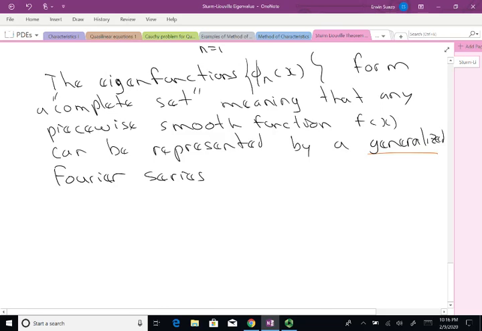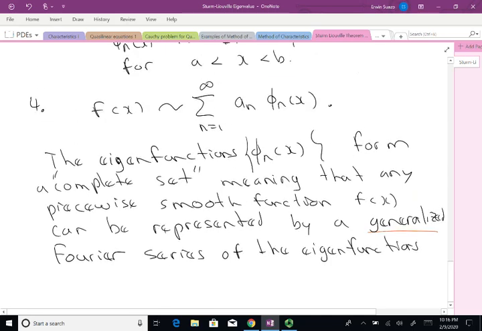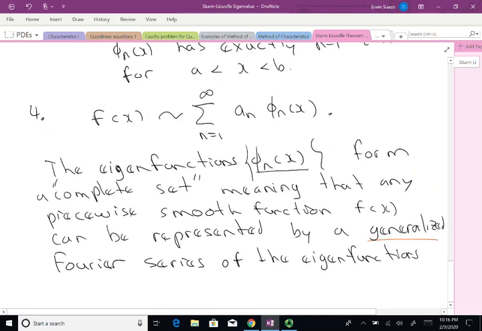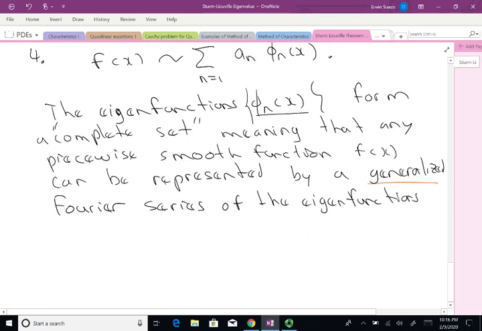So I sold you this idea: the function is represented by a generalized Fourier series of the eigenfunctions. My eigenfunctions, my phi sub n, are going to be the basis for the generalized Fourier series.